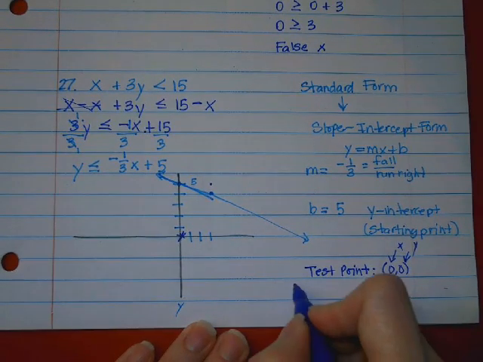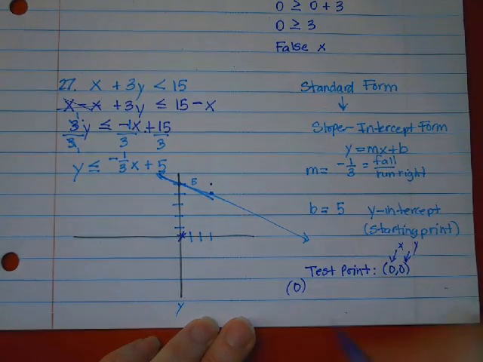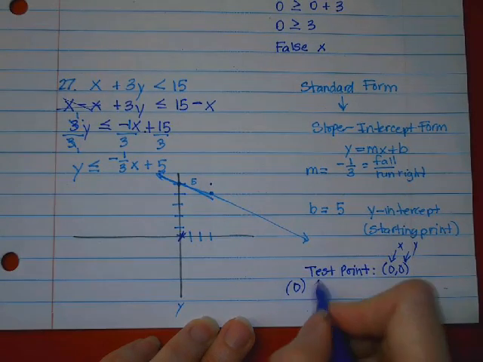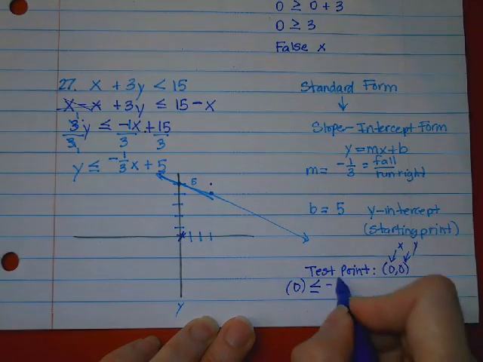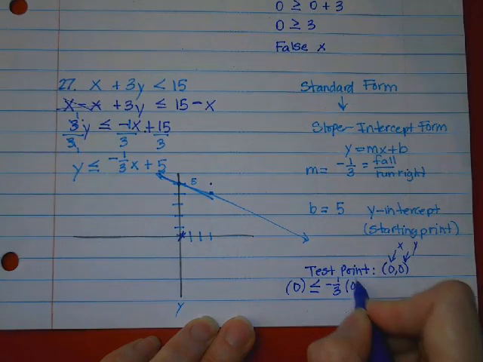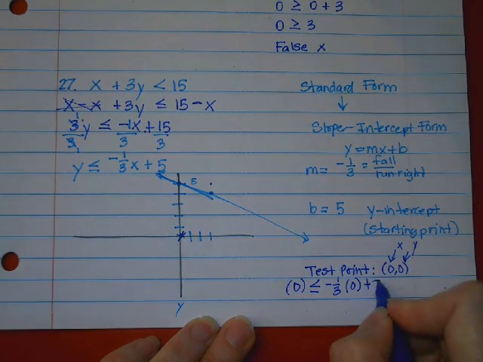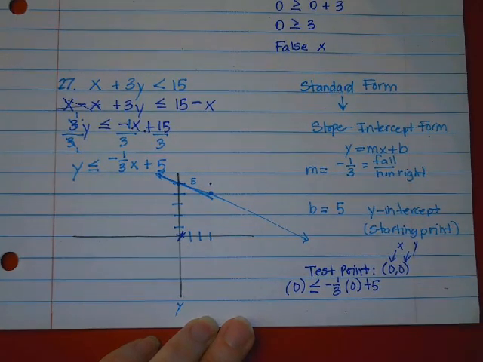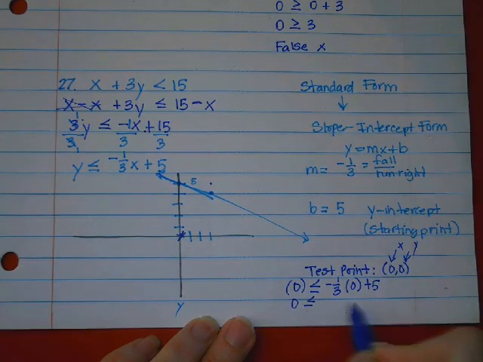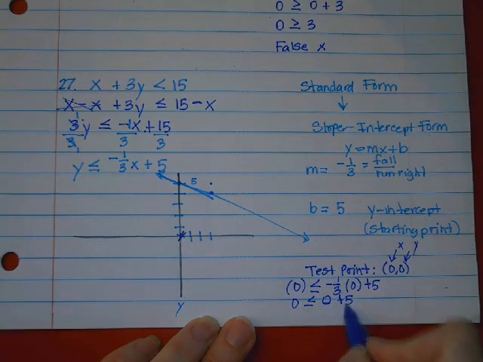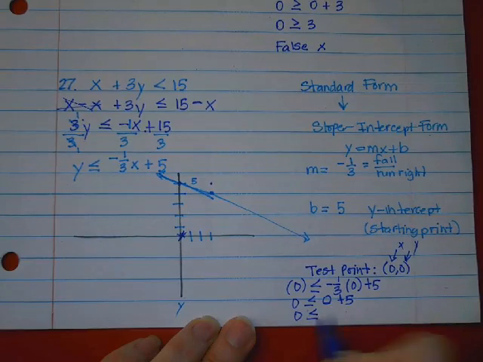So now I have 0, that's where I substitute in for my y, is less than or equal to negative 1/3 times 0 plus 5. There is no value in front of my 0 to multiply by, so I'm going to leave it 0. Negative 1/3 times 0 is 0 plus 5. So I got my 0, and then I got 0 plus 5, which is 5.